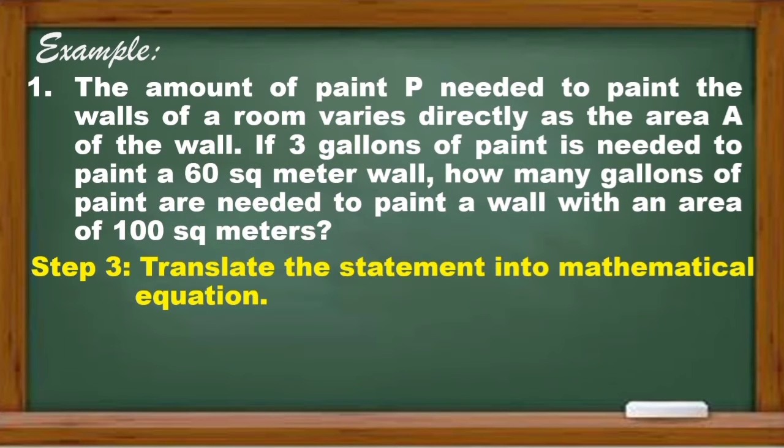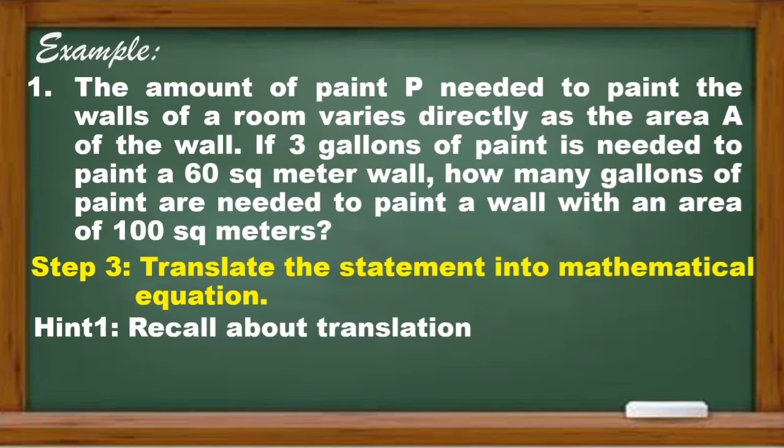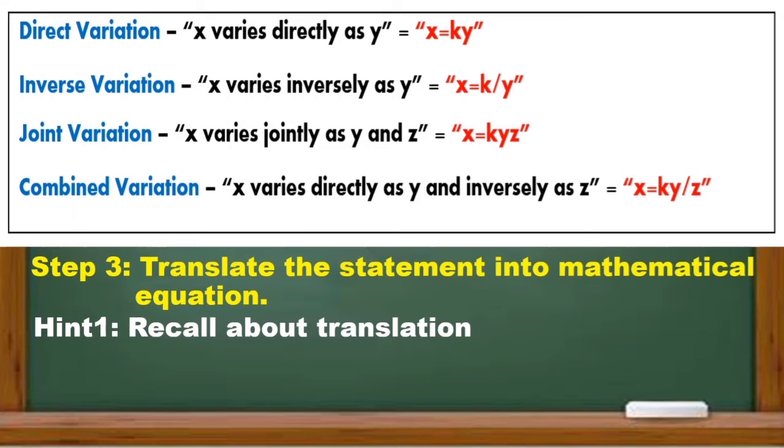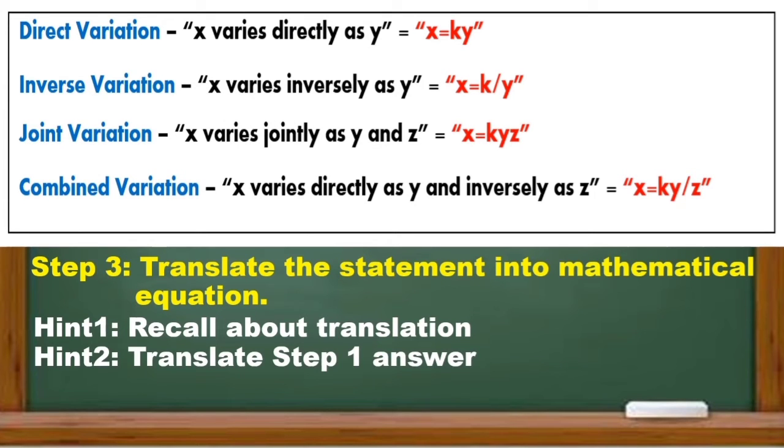Step 3. Translate the statement into a mathematical equation. To do this, let us recall the translations. In direct, x equals k times y. Inverse, x equals k over y. Joint, x equals k times y times z.